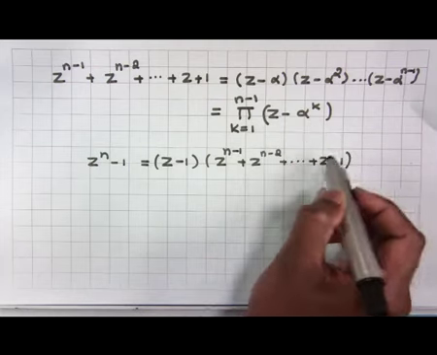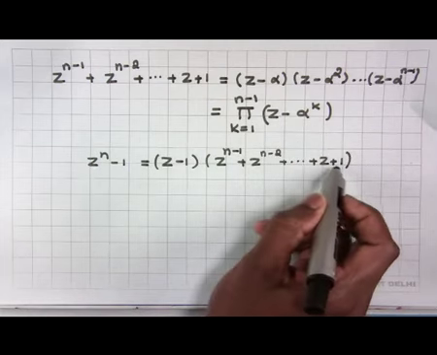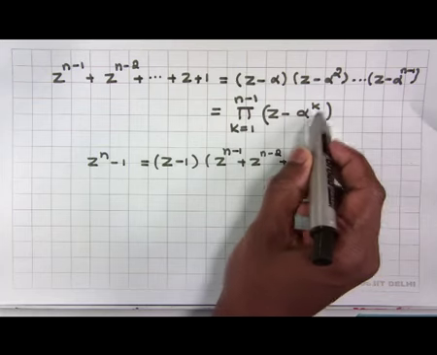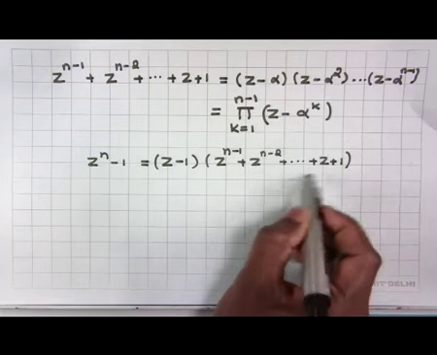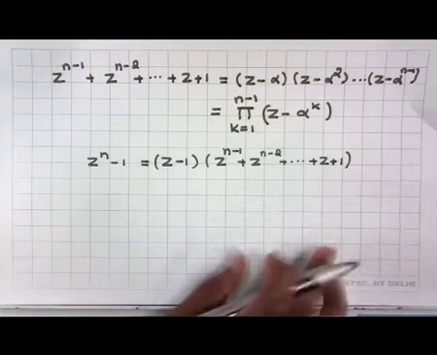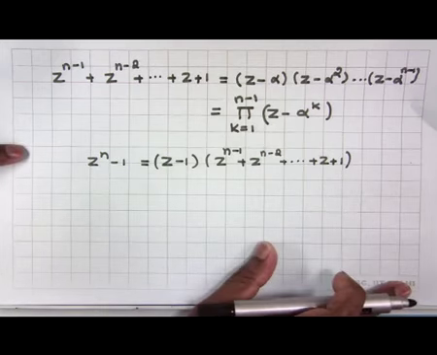So, we observe that this polynomial's roots are just the alpha power k, where k is from 1 to n minus 1. So, we are going to recall this identity.